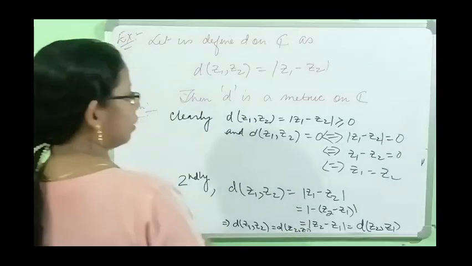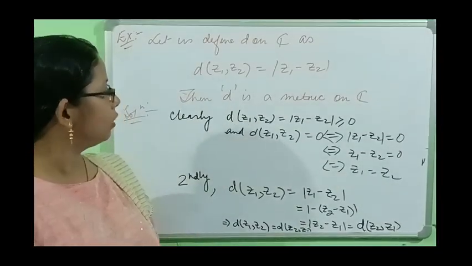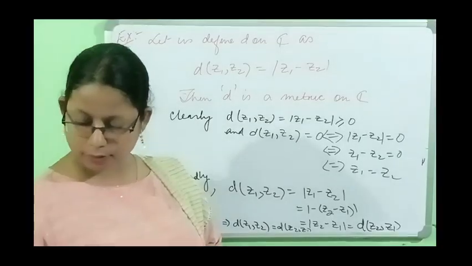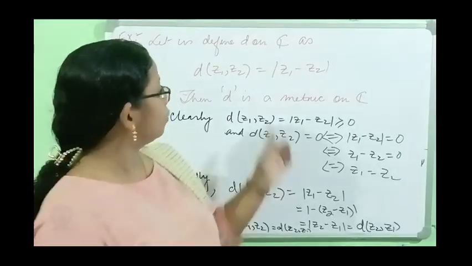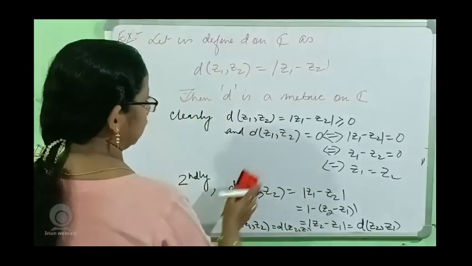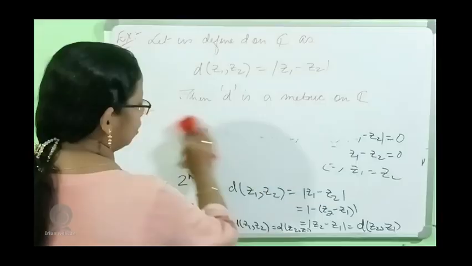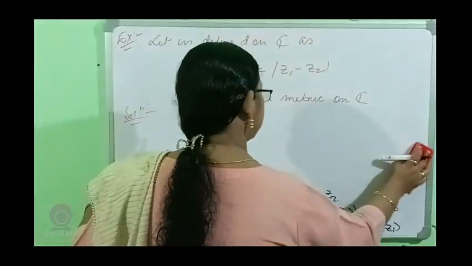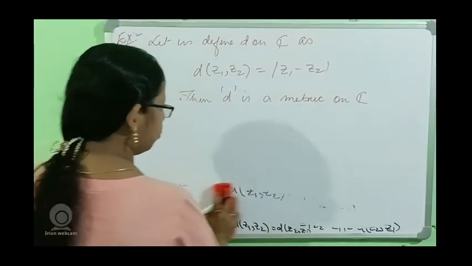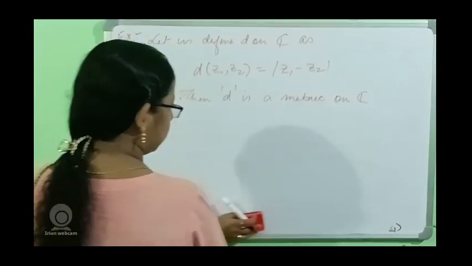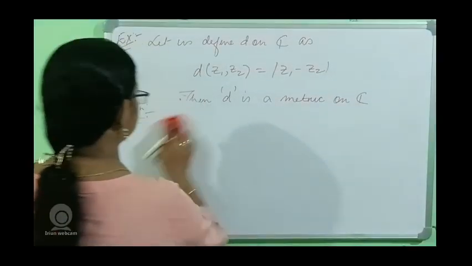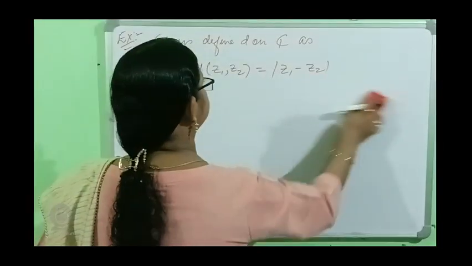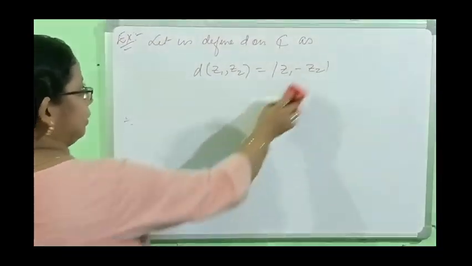Okay. Now we are going to prove the third condition, that is triangular inequality. To prove triangular inequality of this metric, we have to show that the modulus of the sum of two numbers is less than or equal to the sum of their individual moduli. That is this one.